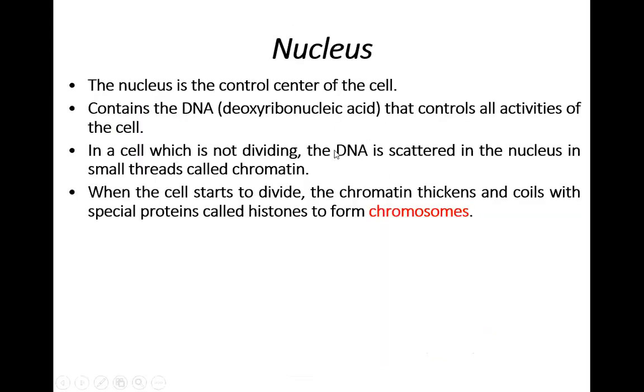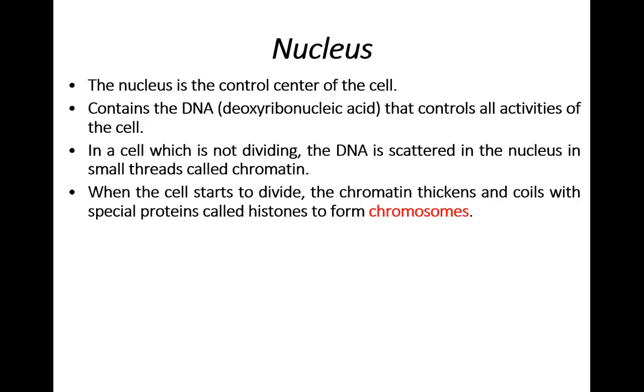Anyway, enough about that. So the nucleus is the control center. The nucleus controls everything about the cell. All of our DNA is in the nucleus. Every cell has a complete copy of the DNA. Depending on what the cell is, some parts of the DNA will be turned on or turned off.